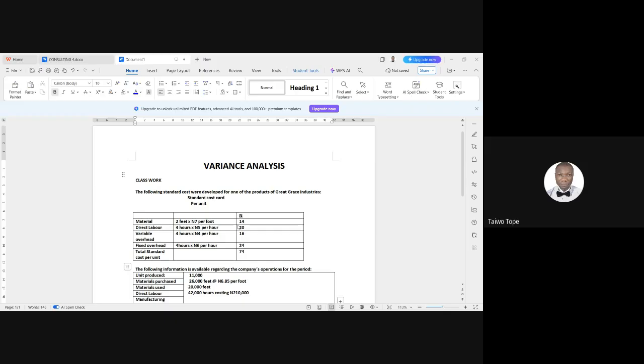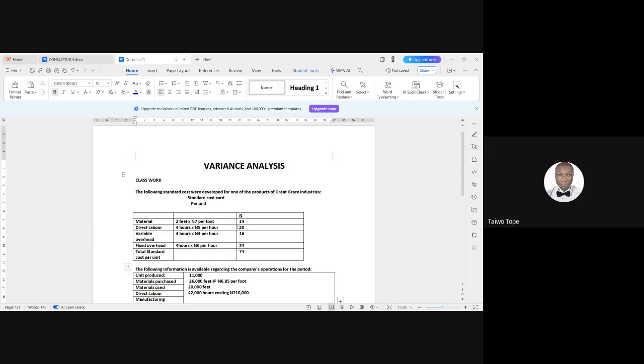And sometimes when you employ cheap labor, instead of paying the worker a particular sum of money, because he's not that skillful or because he's not having the required certificates, you easily pay him a low rate, and that will help you to retain some money in your organization, and that can result into variance.